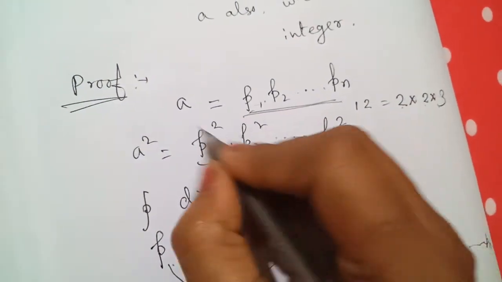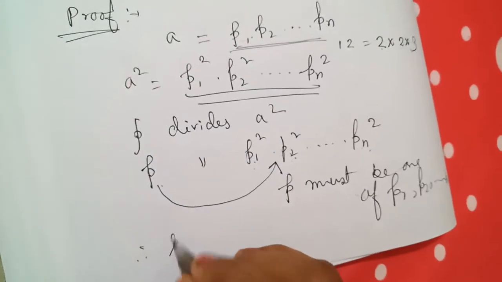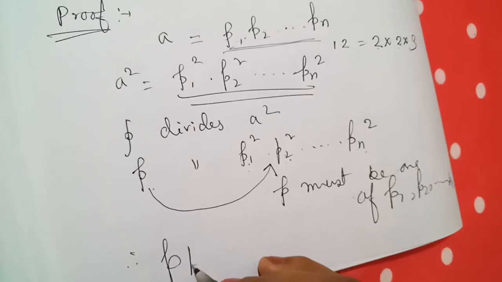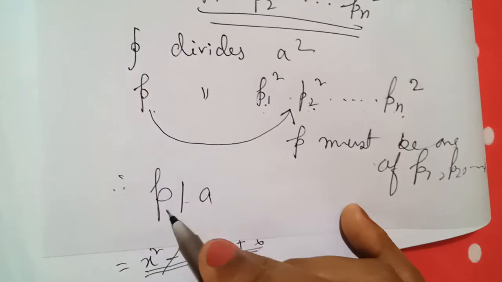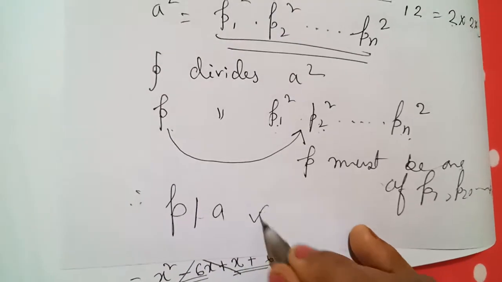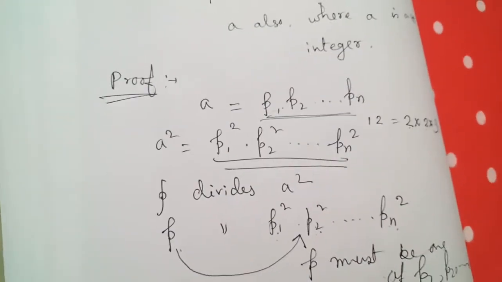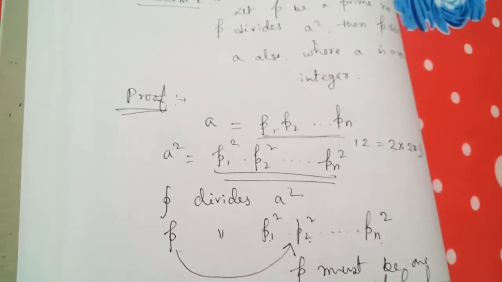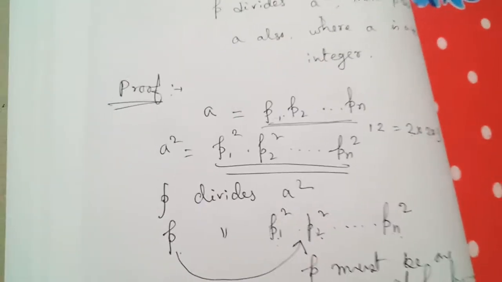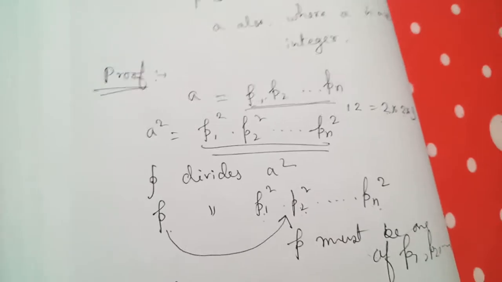That means P divides a also. So we can write P divides a also. This is the sign of divides. P divides a. This proof will never come in the board exam as a question, but it will help you to understand or gain more knowledge.